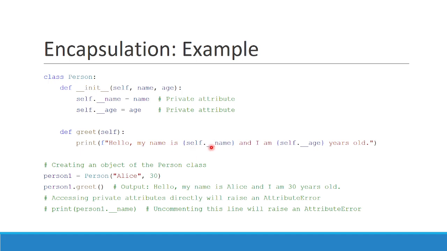Now we are trying to access the same variables inside the method. We can create the object, but when we call this method it may give some error. Accessing private attributes directly will raise an AttributeError. In the same class I think it will not give an error, we will check.